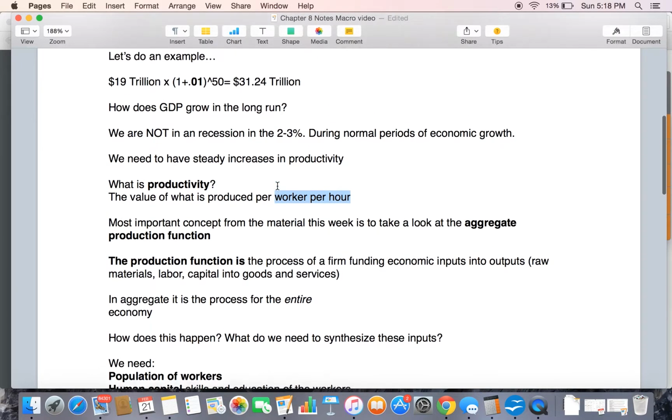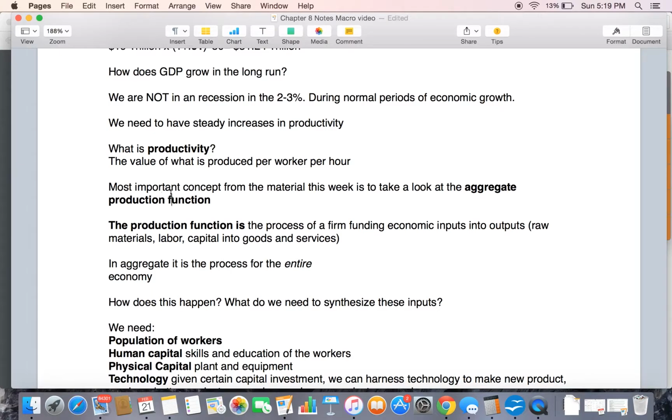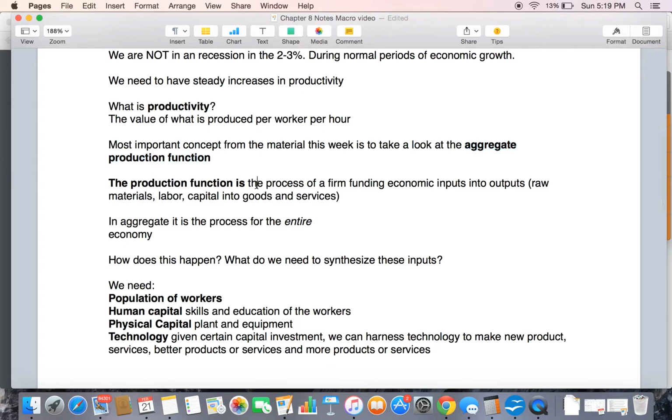So we know that growth is based off of productivity. But why do we have productivity? To understand why we have productivity, we can look at what's called the aggregate production function. A basic production function is the process of a firm finding economic inputs and turning them into outputs.